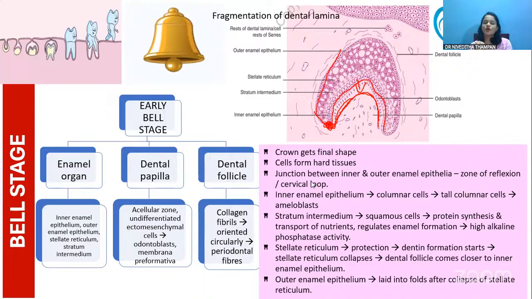The cervical loop forms the future cemento-enamel junction, and the membrana preformativa forms the future dentino-enamel junction. Please do not get confused regarding the two.